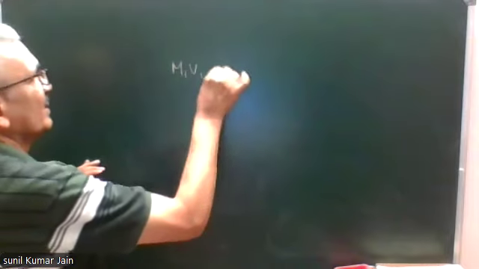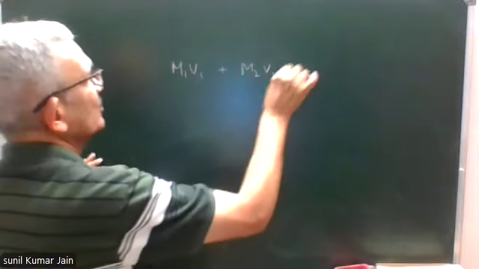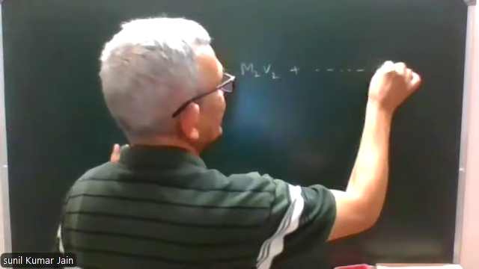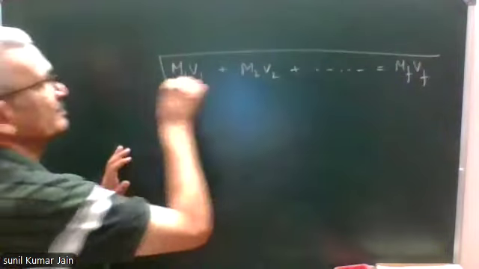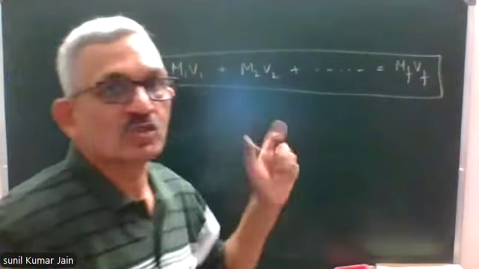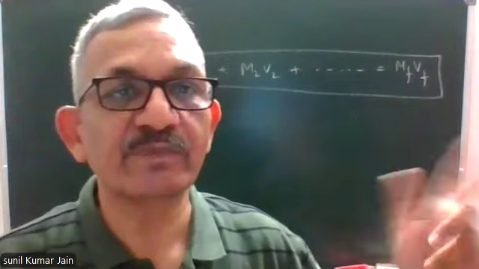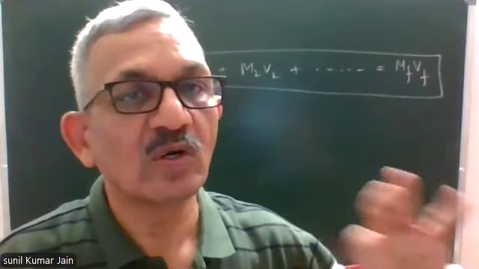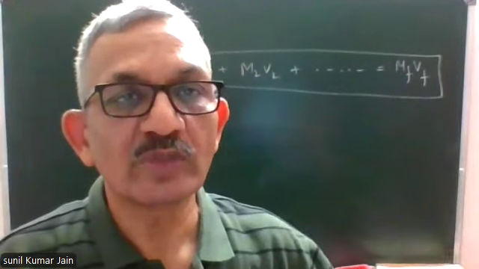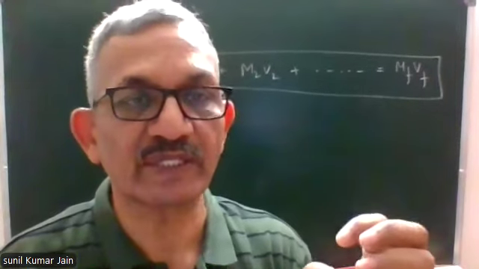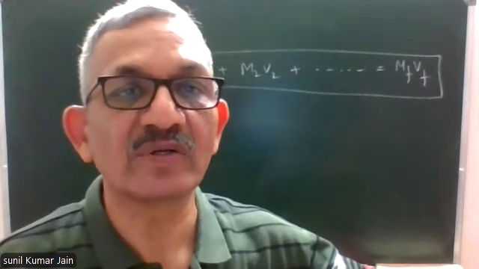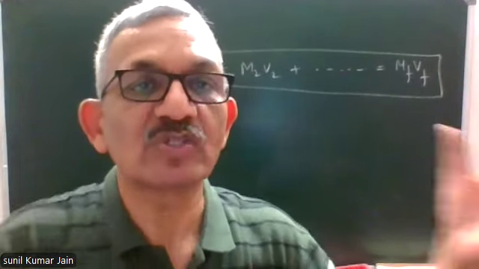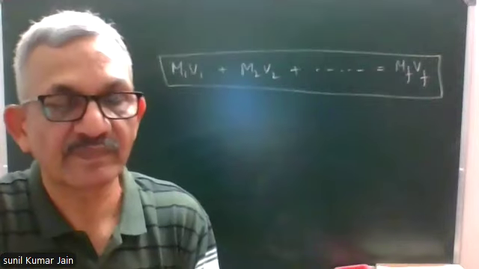Note down the formula: M1V1 plus M2V2 plus so on is equal to M final V final. So on the left hand side, M1 V1, M2 V2, M3 V3, they're all molarity and volumes of those solutions which are mixed together. On the right hand side, M final V final is the final volume, final molarity of the solution which is obtained after mixing.